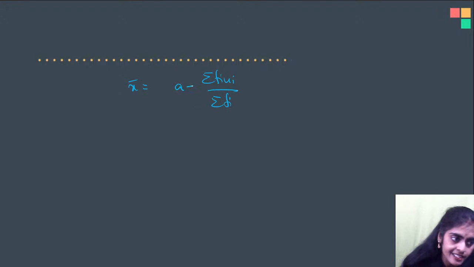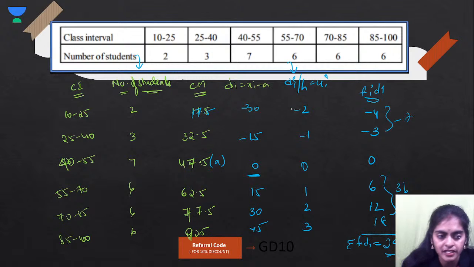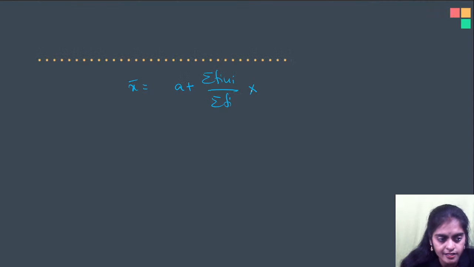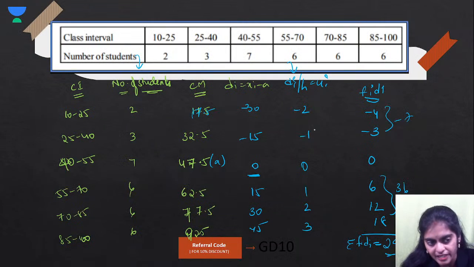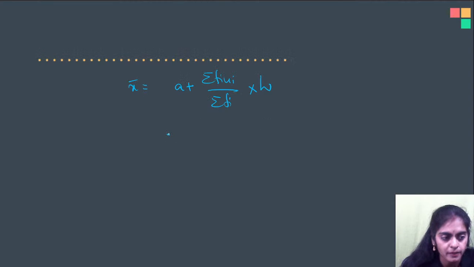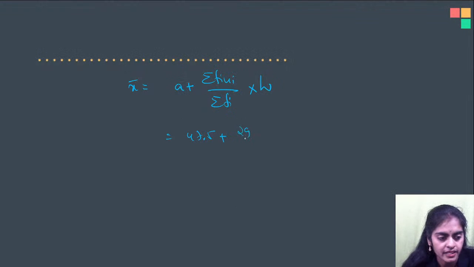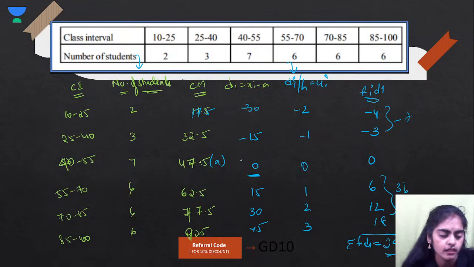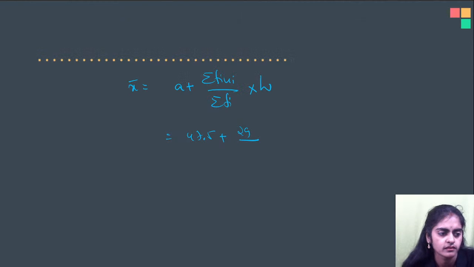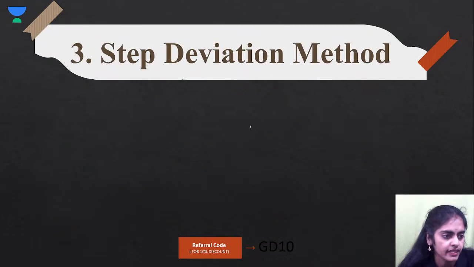But since you have subtracted the assumed mean from each of the data, you will add it here. And since you divided h by all the data, you will multiply here. So A is 47.5 plus sigma fi ui, which is 29, by sigma fi.